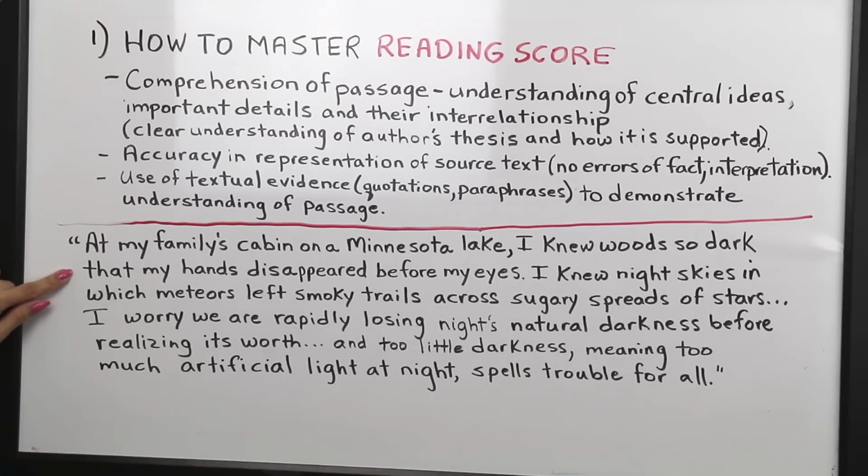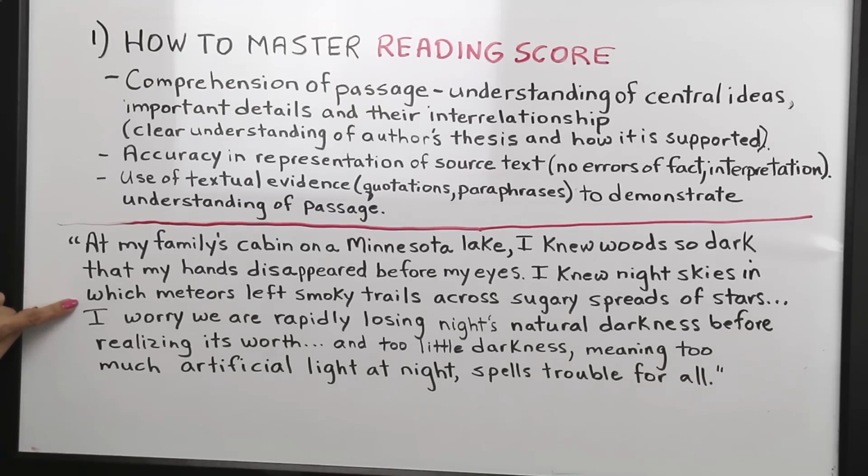For example, Paul Bogard, the author, effectively uses a personal anecdote to lead the reader to his position, and then he quickly goes to his thesis statement. You would want to use textual evidence like this quotation to support your claims. Here's the quote. "At my family's cabin on a Minnesota lake, I knew woods so dark that my hands disappeared before my eyes.